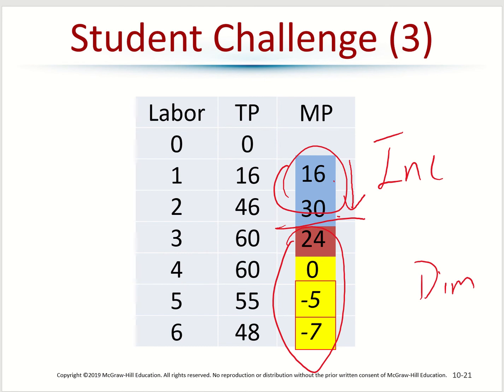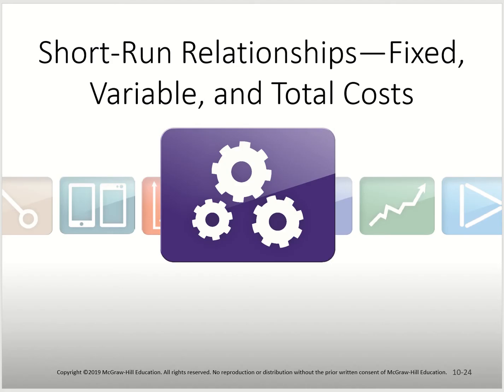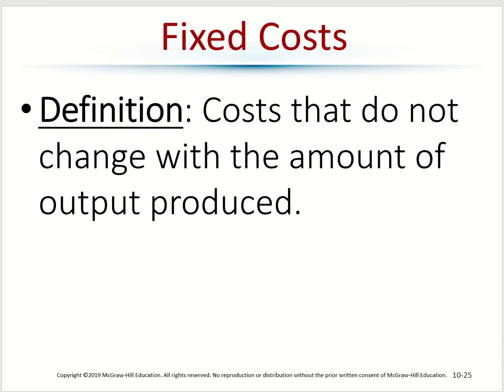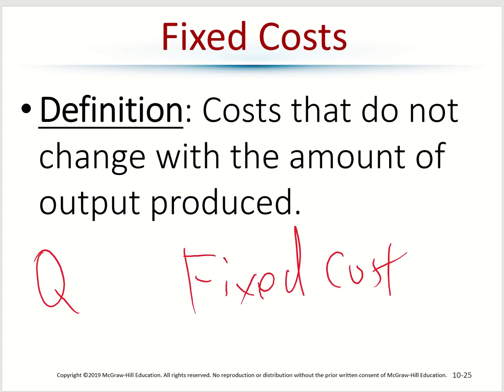All right, so let's continue. Next we look at the total variable and the fixed cost. So fixed cost is the cost that does not change depending on how much you produce. So it doesn't matter what the quantity is, you pay the same amount of cost.